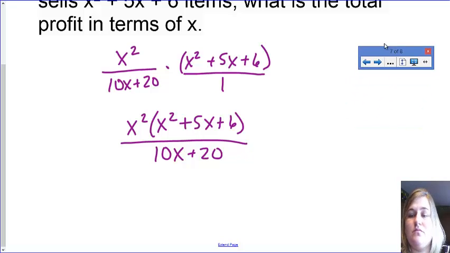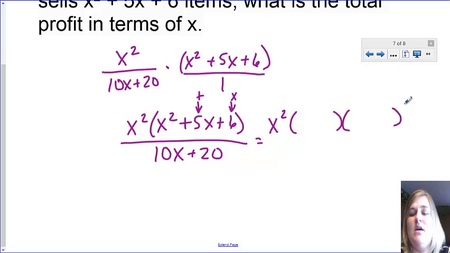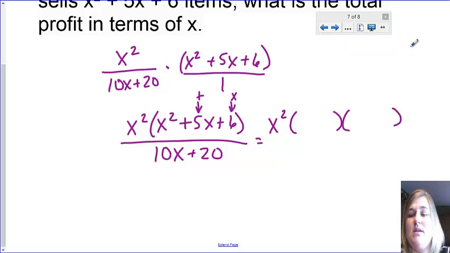Okay. On top, I have a trinomial here that I can factor, so I need something that will multiply to get me 6 and add to get me 5. So I have x squared, and I'm going to split up those parentheses. Things that multiply to get 6 are 6 and 1, and 2 and 3.